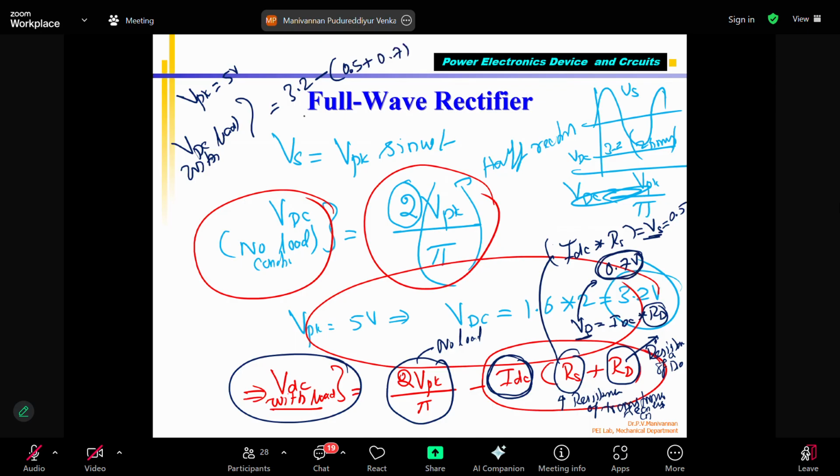So I can write 3.2 minus 1.2, which is 2 volts. VDC with load will be 2 volts. If you know RS and the current flowing through, you can compute it.